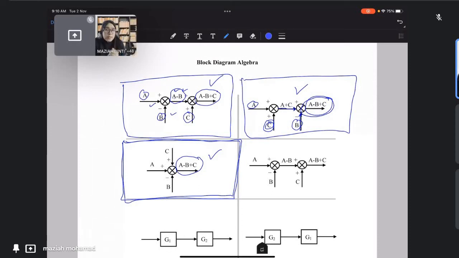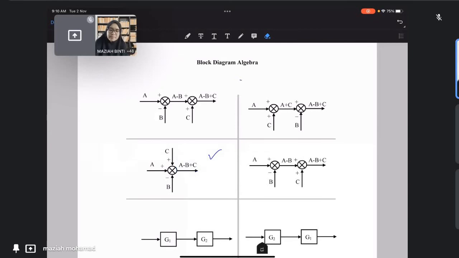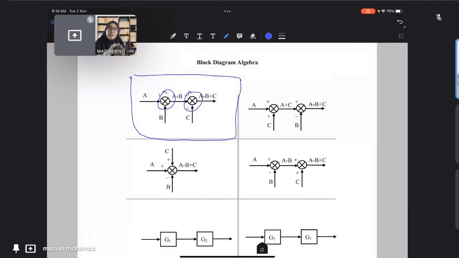For the concept of block diagram simplification, if you see two summation points side by side, like this one here, then you can just combine them together, become one, like this.